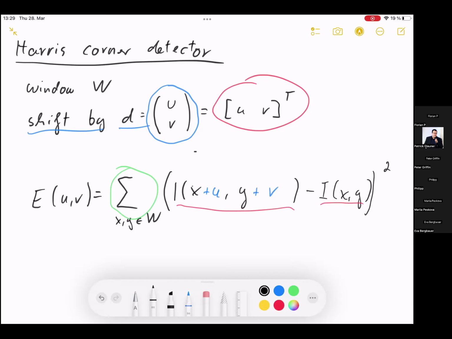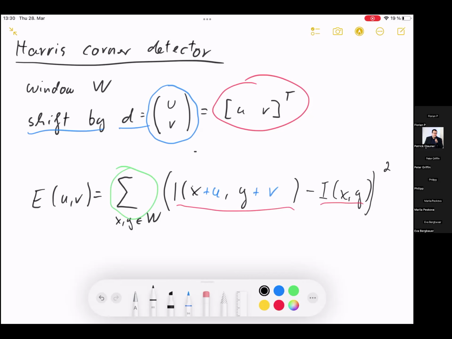And larger differences get much larger than small differences. So that's the idea of such a squared error function. I'm going through the whole window, and I call this E for error, or I could also call it D for the difference by shifting the window, but we already have a D. That's why we call it an E.